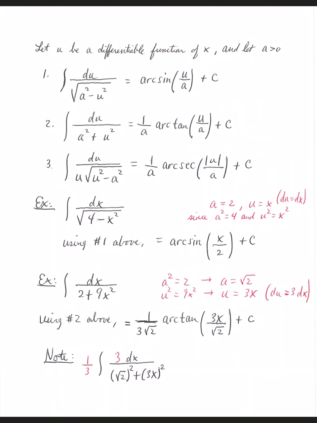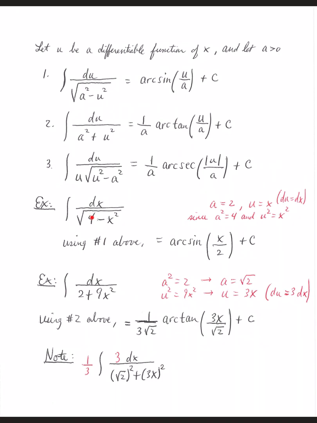So let's just jump into some examples to check out how this works. This integral is 1 over square root of 4 minus x squared dx. I notice a square root and then a constant followed by a variable squared. That matches up with formula number 1 up here.